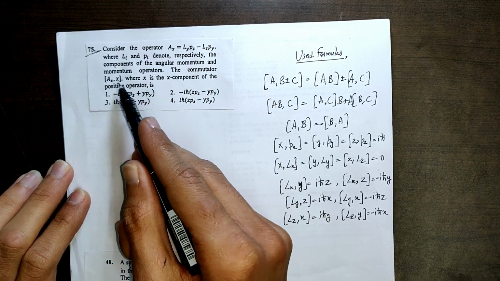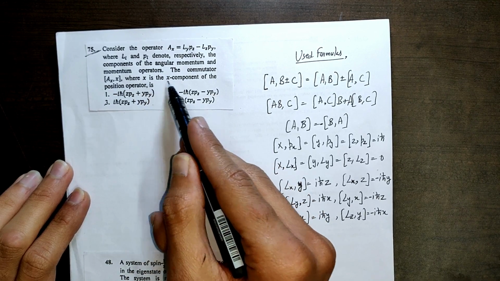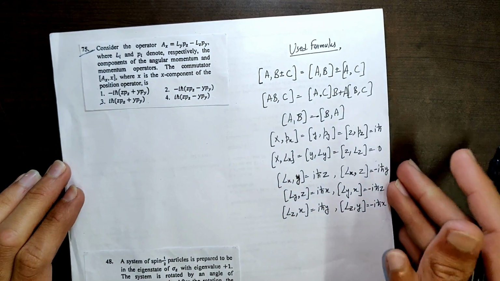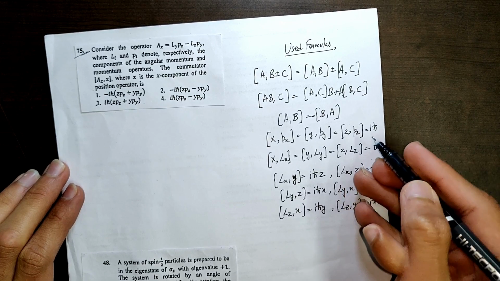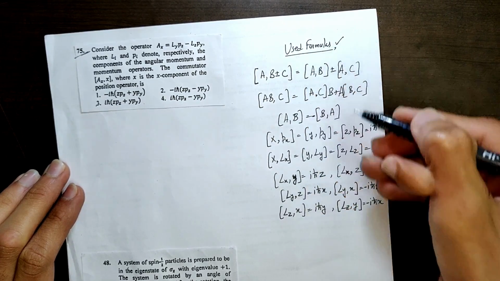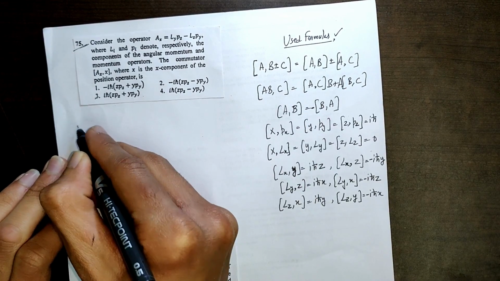The commutator Ax, x, where x is the x component of the position operator, is... now this is a commutation relation question, so we will use these formulas in our solution.